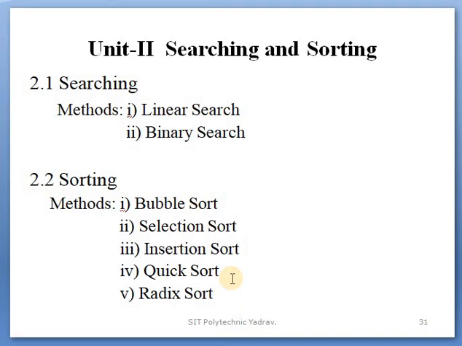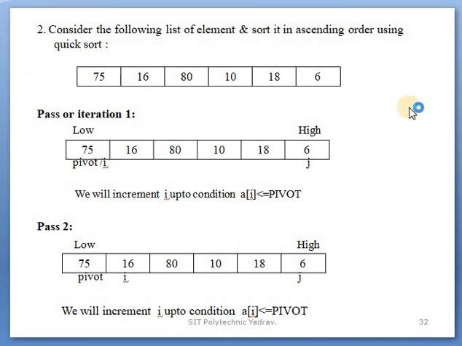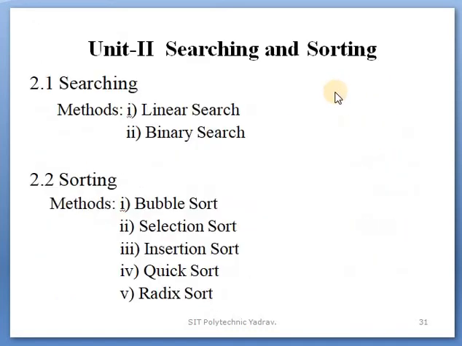In the previous lecture I gave one example on quick sort: consider the following list of elements and sort it in ascending order using quick sort. This example was given in the previous sorting techniques too: bubble sort, selection sort, insertion sort.